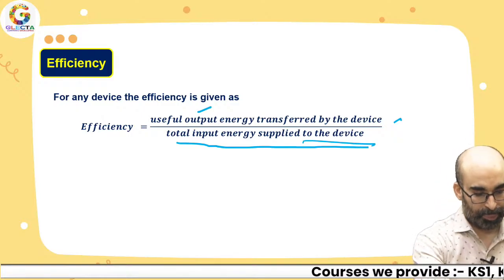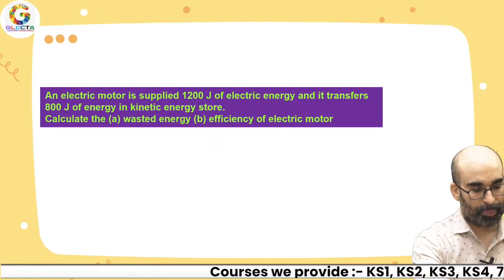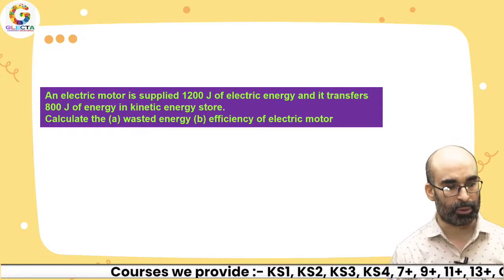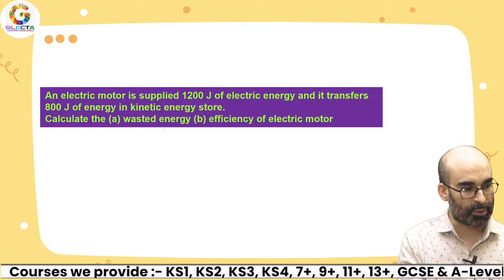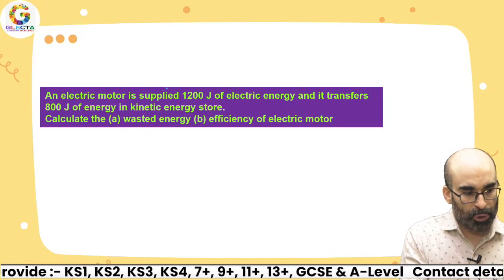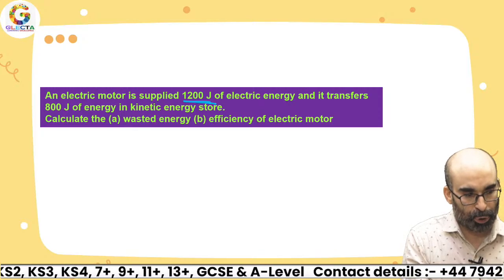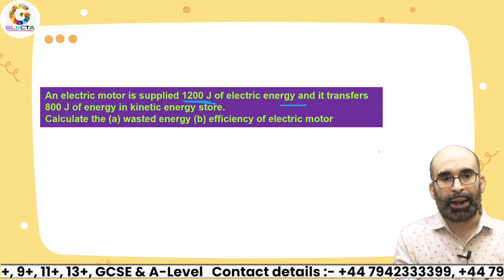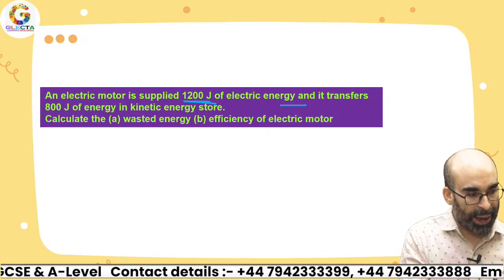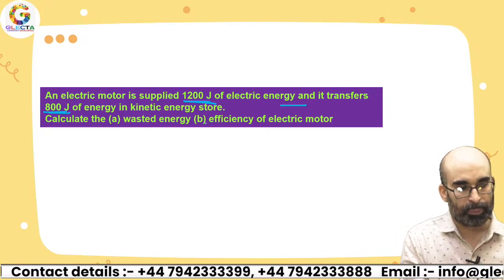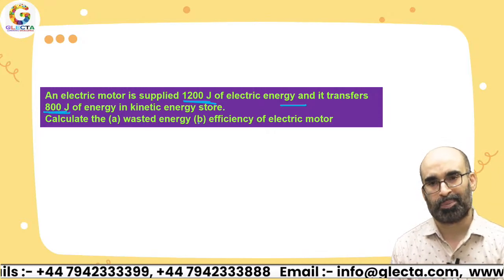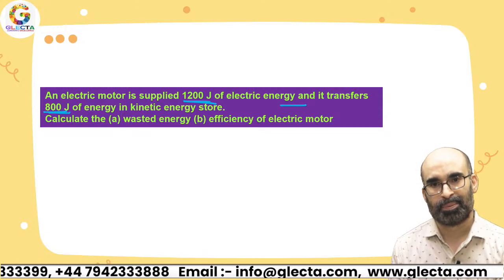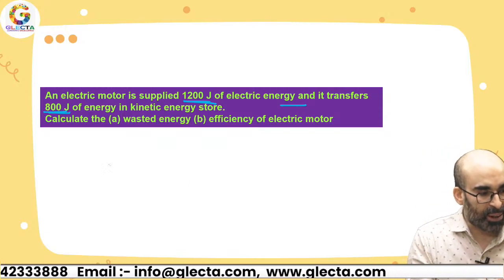And here is the question. I'm sure you would be able to understand this. An electric motor is supplied 1200 joules of electric energy, and it could transfer only 800 joules of energy into the kinetic energy store. What is the wasted energy?